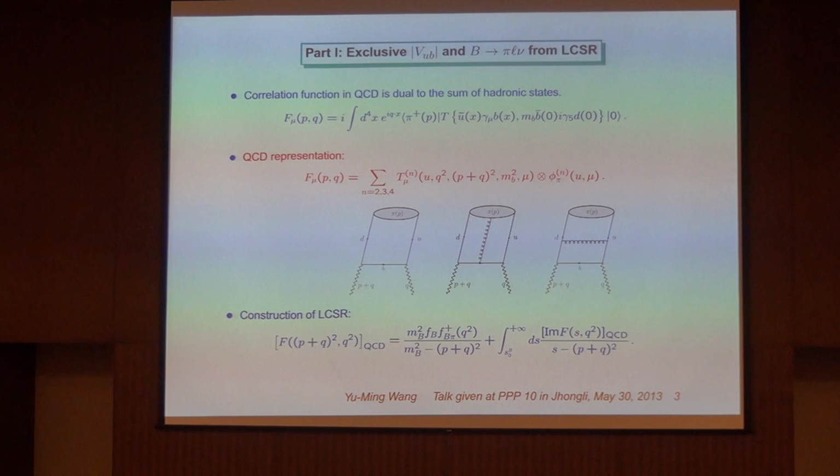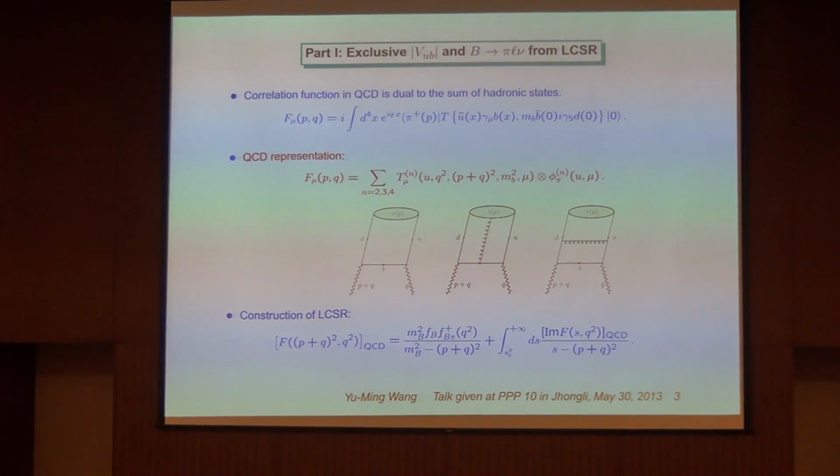The basic idea is that the correlation functions in QCD are due to the sum of these hadronic states. For the B to pi form factor, we will start with these correlation functions from vacuum to pi, and we interpolate this B meson with the local current, and the first one is the transition current.